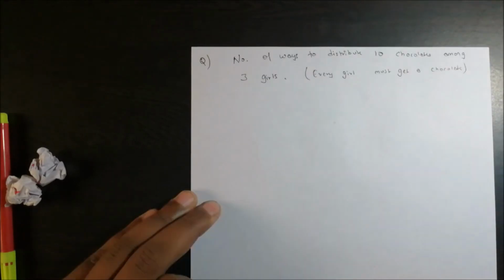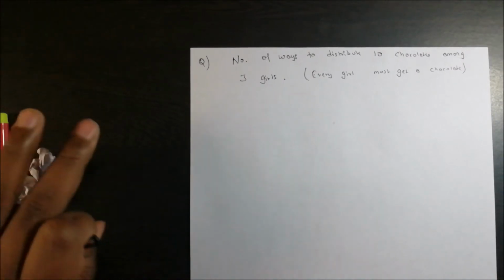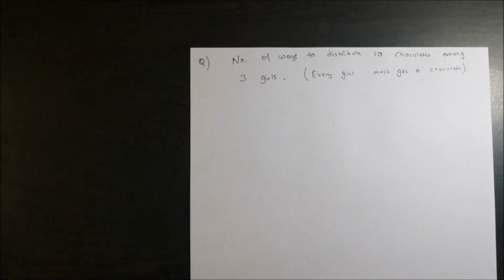You cannot distinguish between chocolates, but you have to distribute them among 3 girls in which every girl must get a chocolate. So we need to calculate the number of ways to distribute 10 chocolates among 3 girls in which every girl must get a chocolate. I mean, at least one chocolate must be given to a girl.